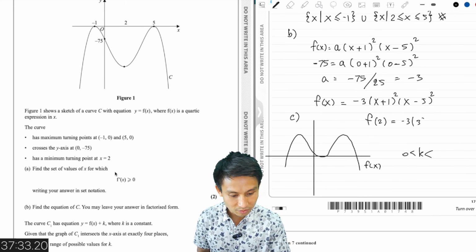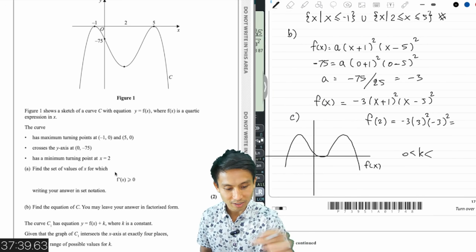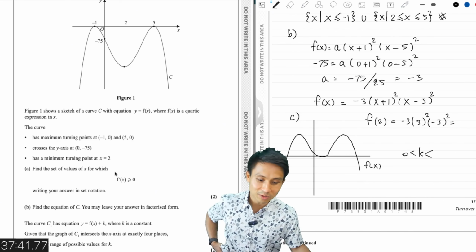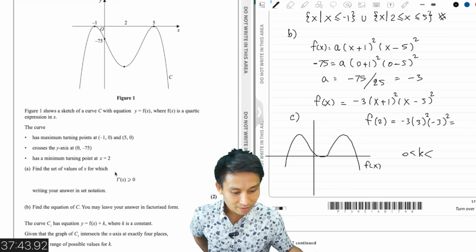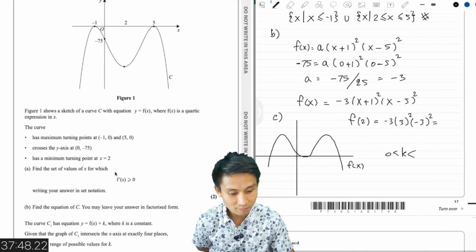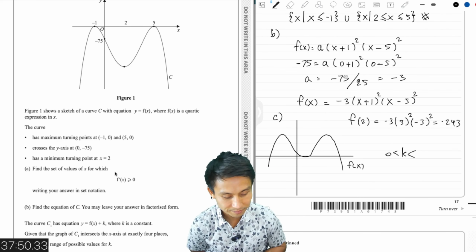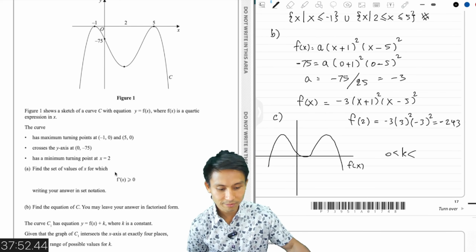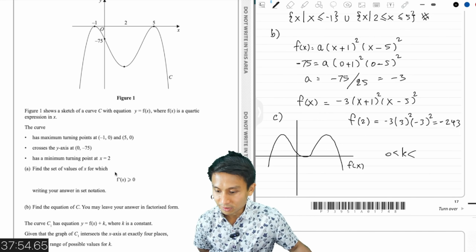So 2 plus 1 is 3 squared, and 2 minus 5 is minus 3 cubed. And that is equal to, should I use a calculator? It's just 9 times 9, right? Is 81. 81 times 3 is 243, with a minus. Is that right? 9 times 9, 81. Yep, I think so.